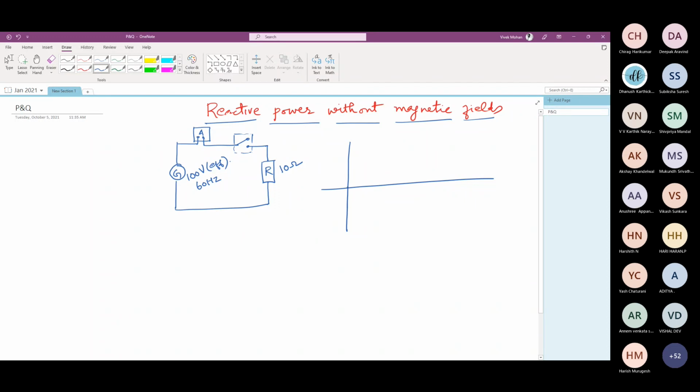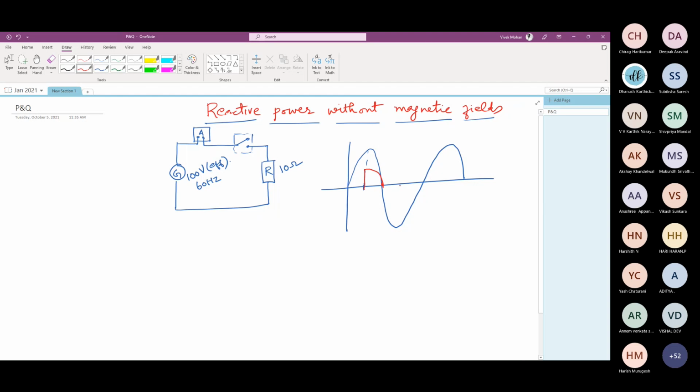The half cycle means, see, this is the voltage, right? Now I'm going to switch the circuit such that the current is like this. I'll use another color. Current is like this. Okay, till this point.